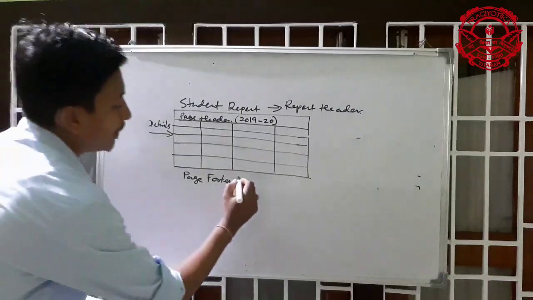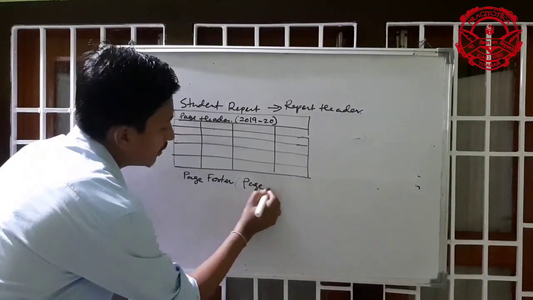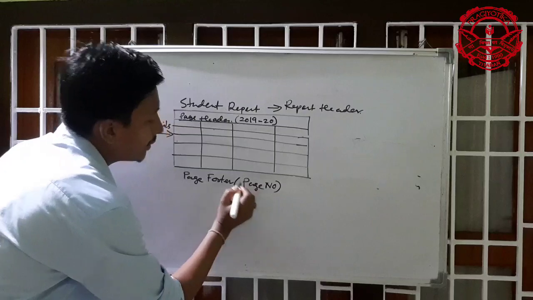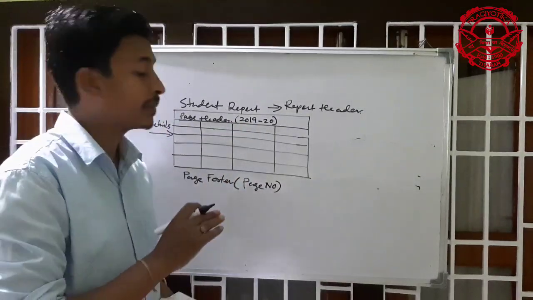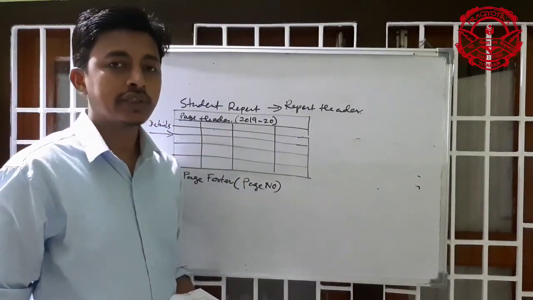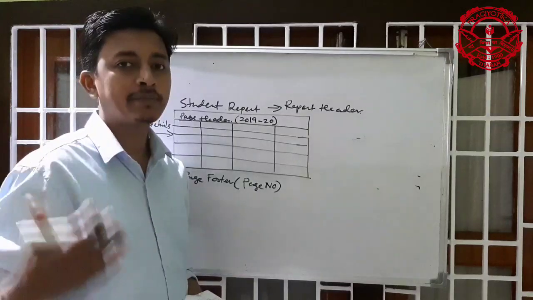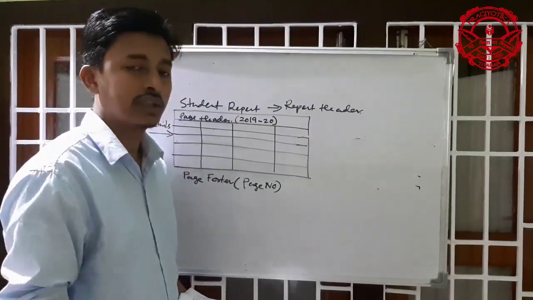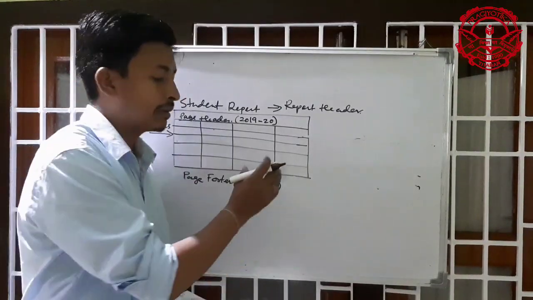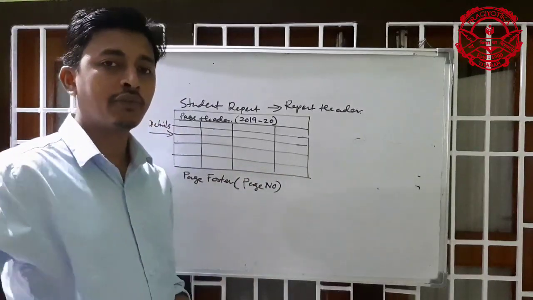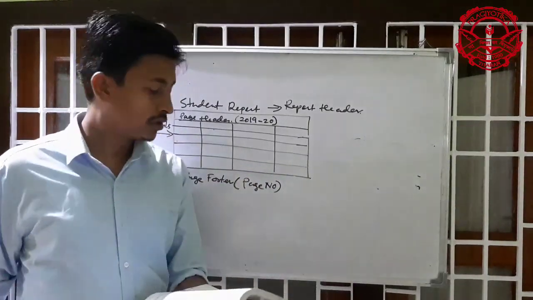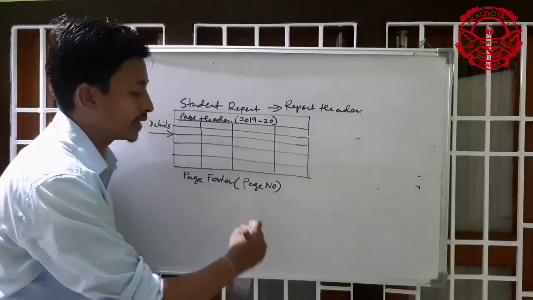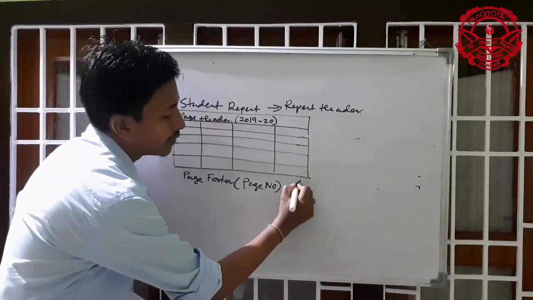If the report is a big report, say it contains 10 pages, then you get page number 1, page number 2, page number 3, 4, 5, 6, 7 up to 10. So it will give the page number. Say this is page number 1.